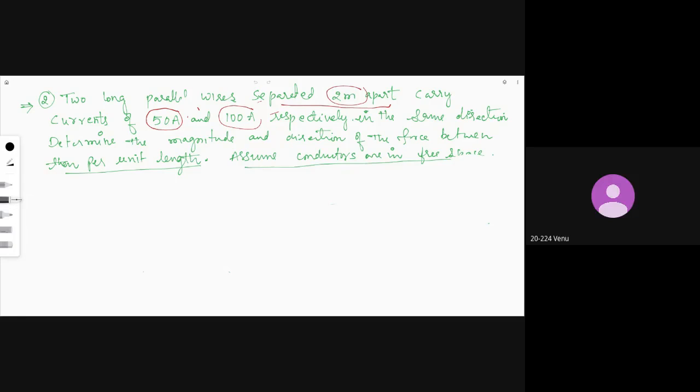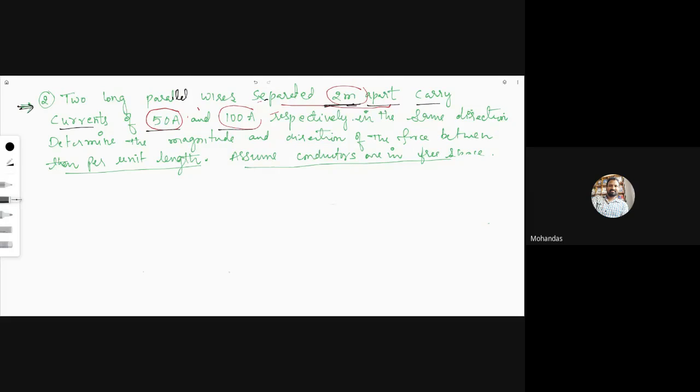Two long parallel wires separated 2 meters apart carry currents of 50 amperes and 100 amperes respectively in the same direction.